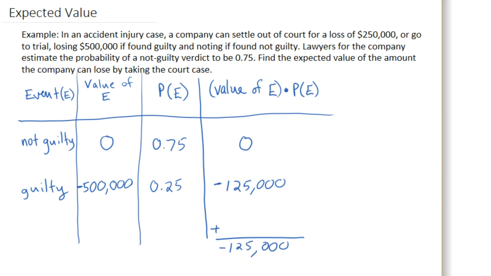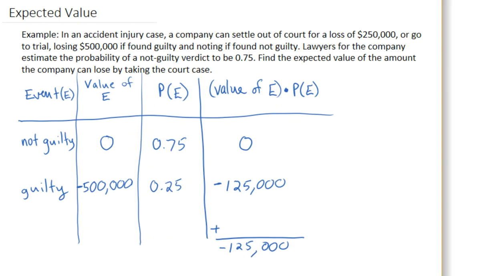Okay, so what this is saying is that on average, an expected value average, if they take this to court, they can expect to lose $125,000. This problem hasn't taken court costs into account. If there were court costs, we would also subtract those off to add an additional cost. But there's no assumption of court cost.